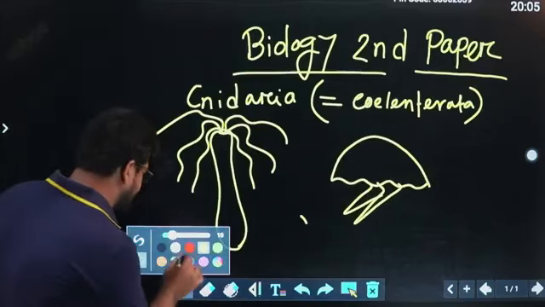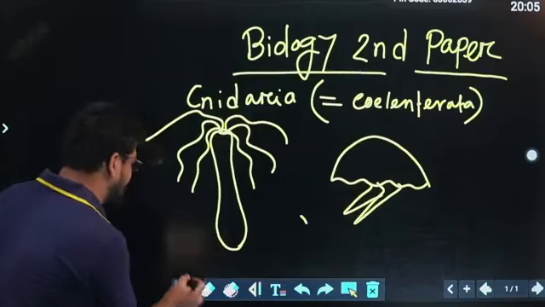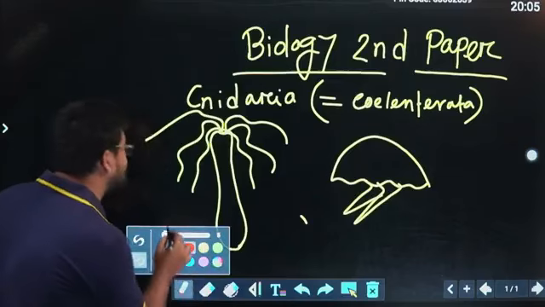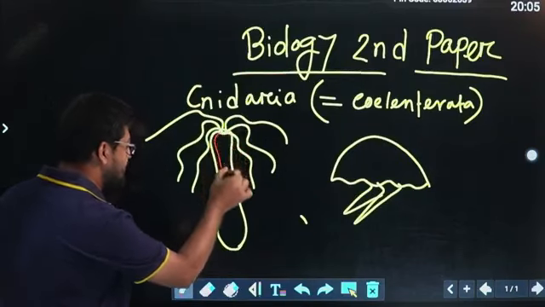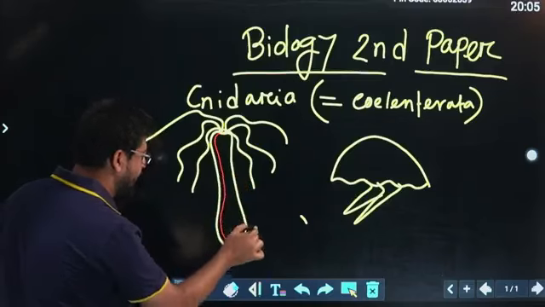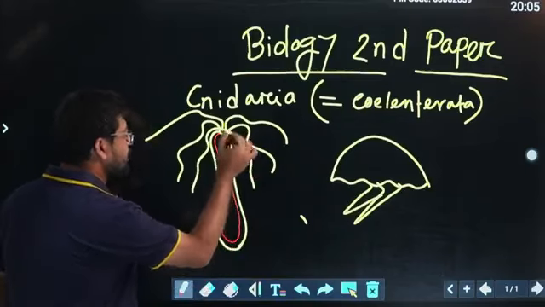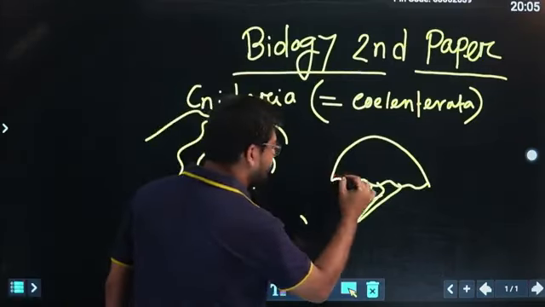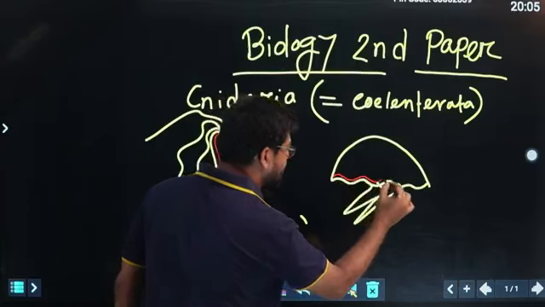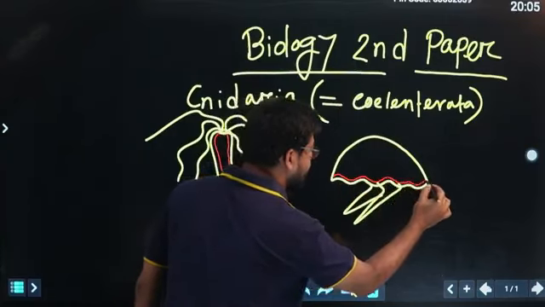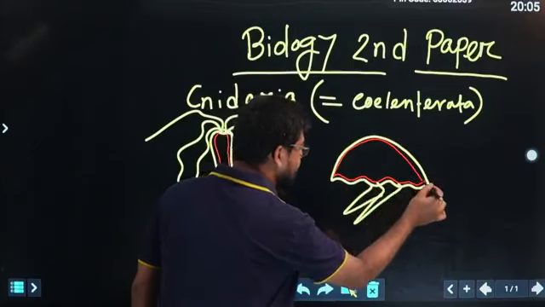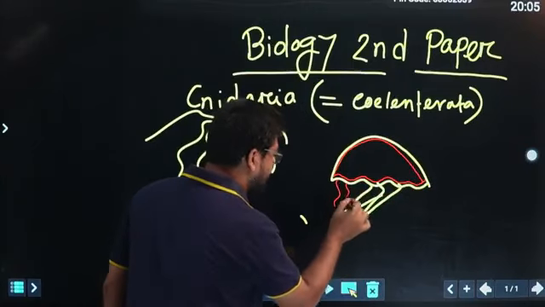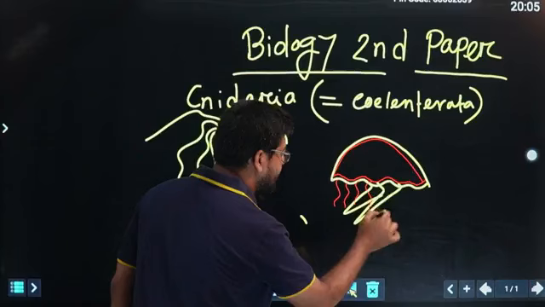My dear students, both are diploblastic animals. For that reason we have to draw two different linings. Suppose this is another lining of their body. In the case of this organism you may also draw the structure for your study and understanding. Whatever the shape or structure, all contain tentacles, a hair-like structure.